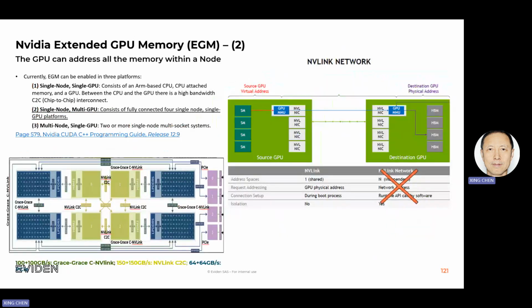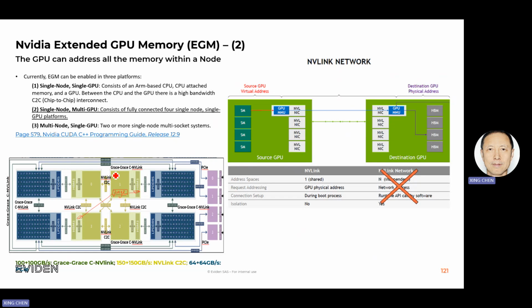Here, this GPU has its own page table. This page table could point to its own HBM memory, or it could point to a remote memory. It could point to this memory.